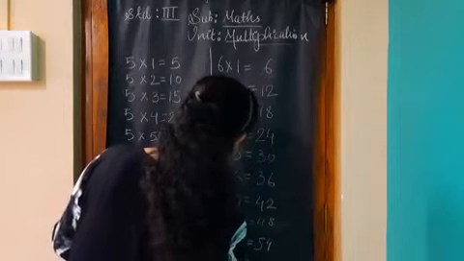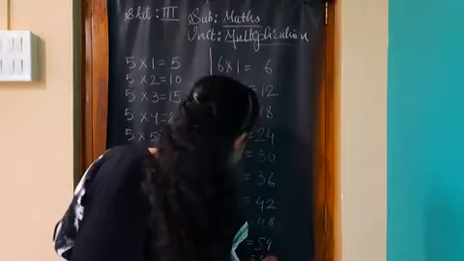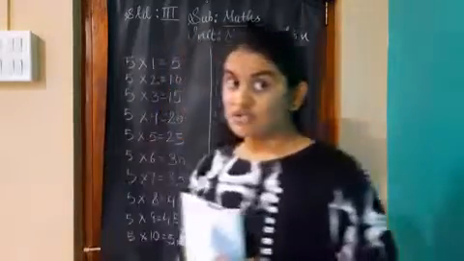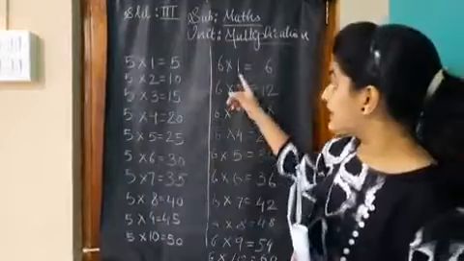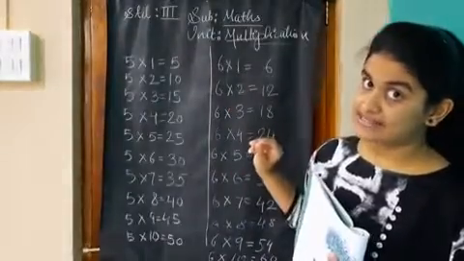And 6 tens is 60. Students, understood? This is a table of 6.